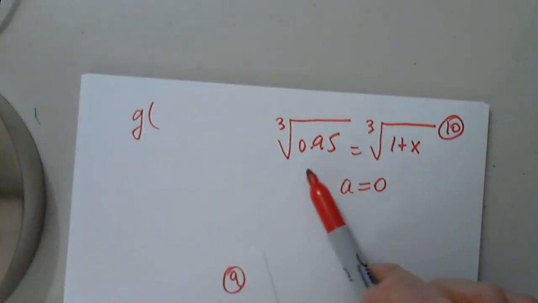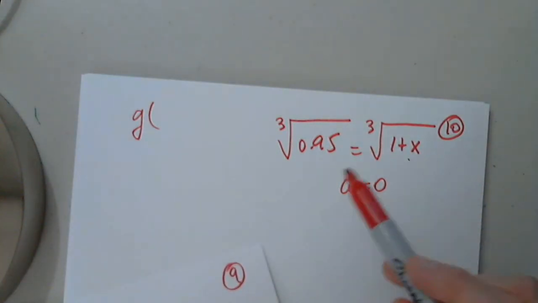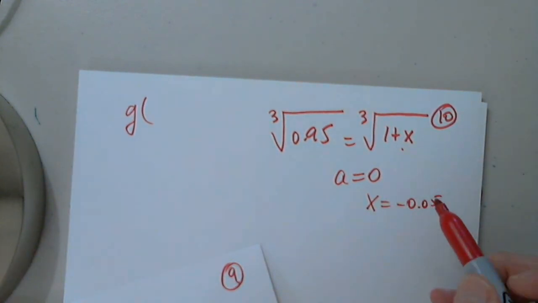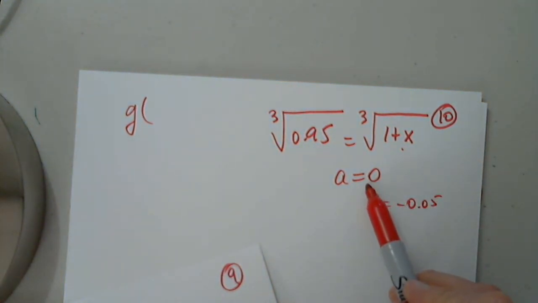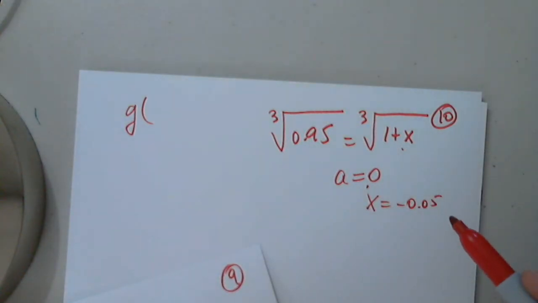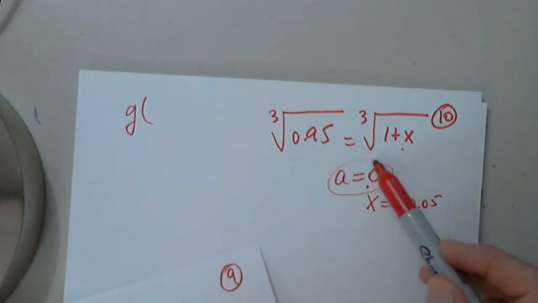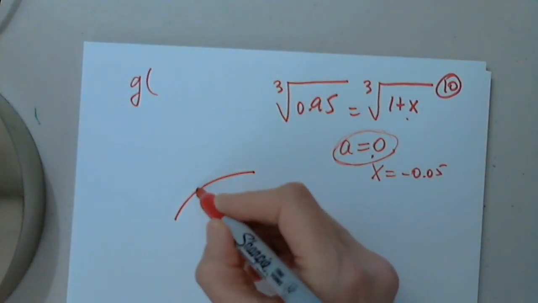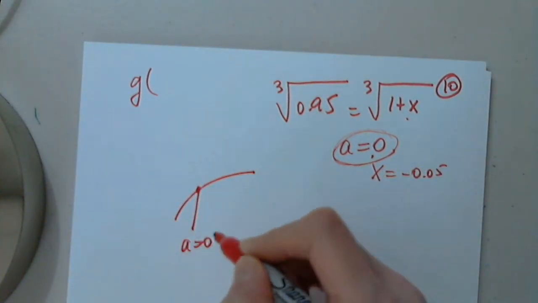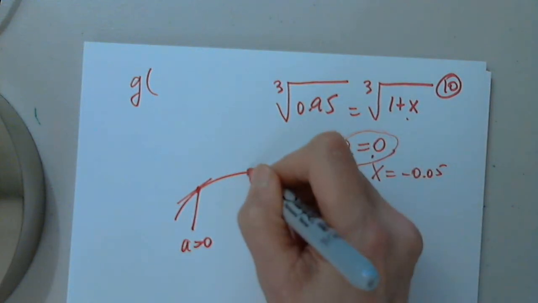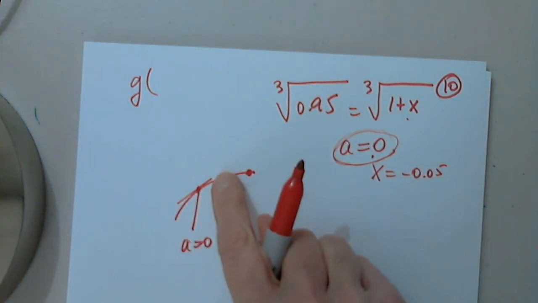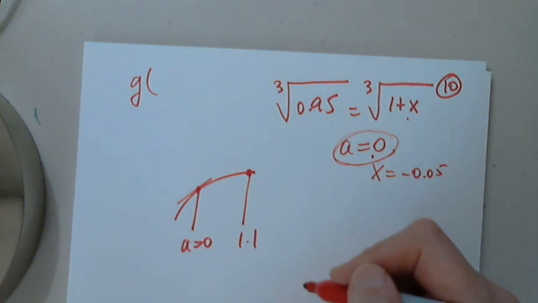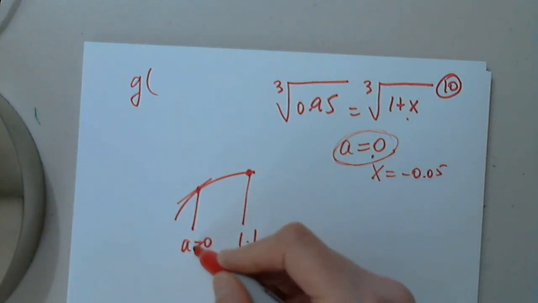So when I look at these two, it's obvious to me that x is negative 0.05. It has to be close to 0. If this is the function and this is a equals 0, they cannot ask me to use the tangent to approximate at 1.1. It's not close to a.